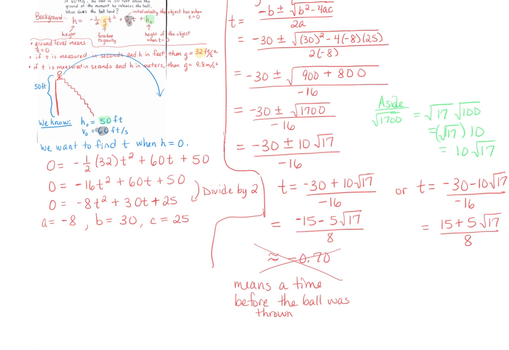And whenever you enter that into your calculators, you get this is 4.45. So this is our solution, and we can say that the ball lands 4.45 seconds after being thrown.